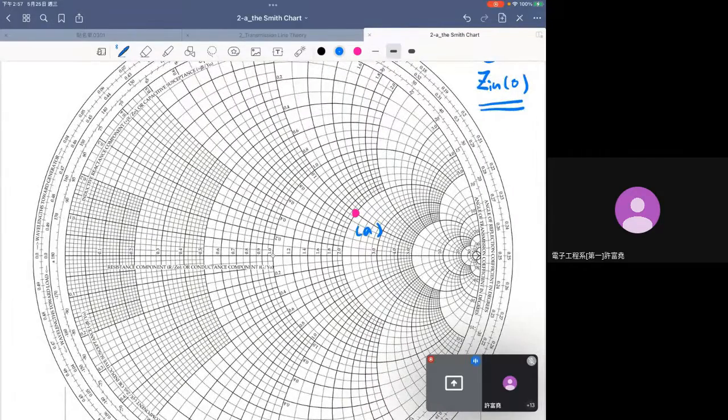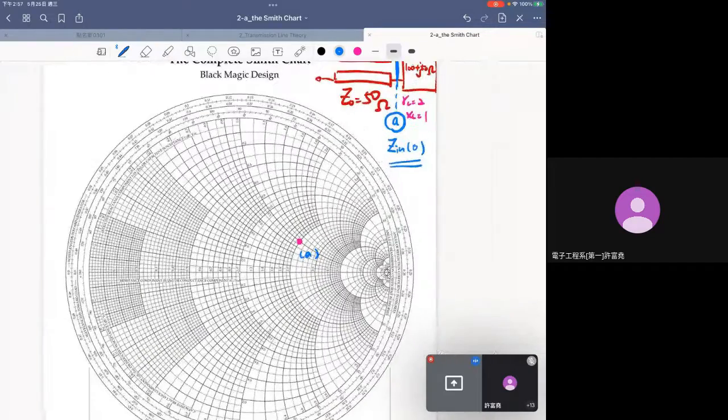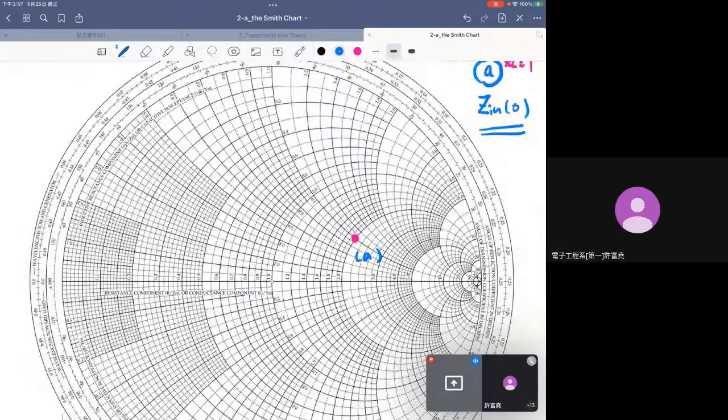And later, the second part is you need to use a ruler.